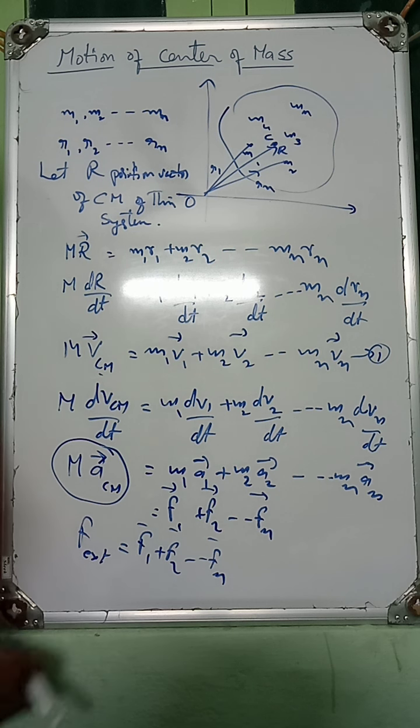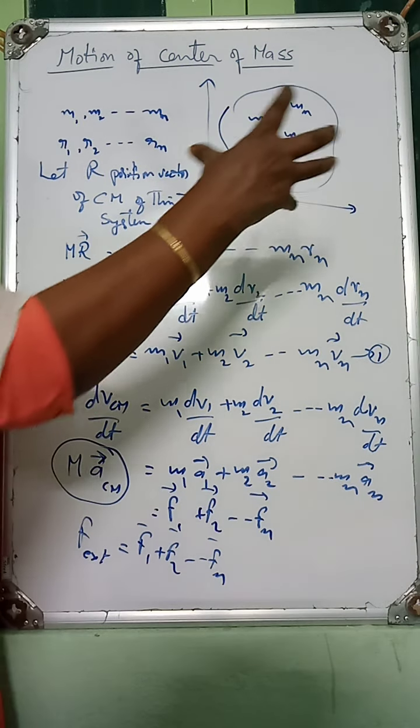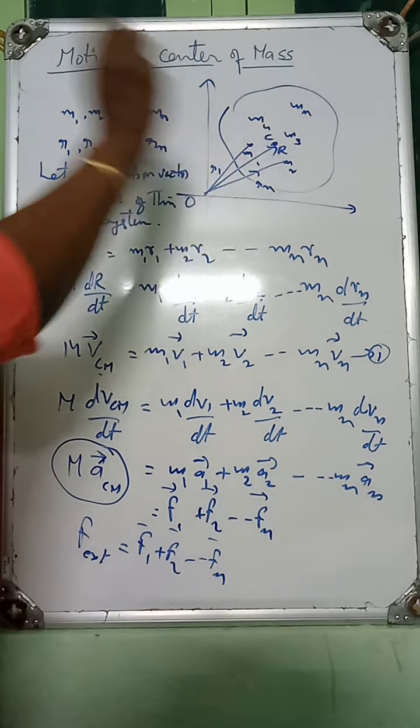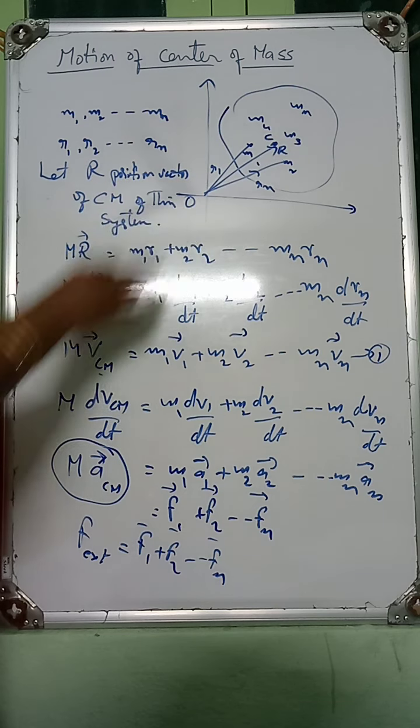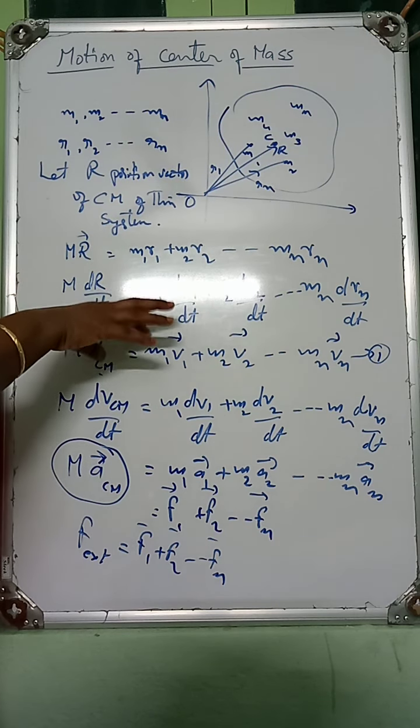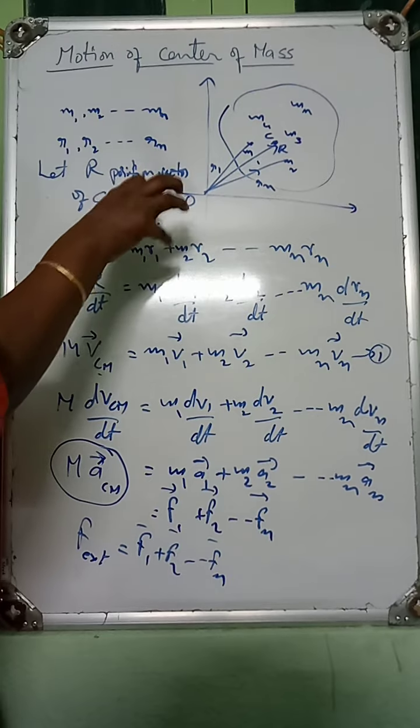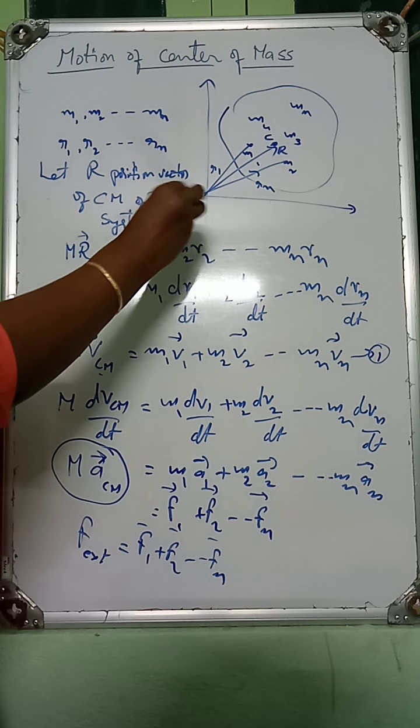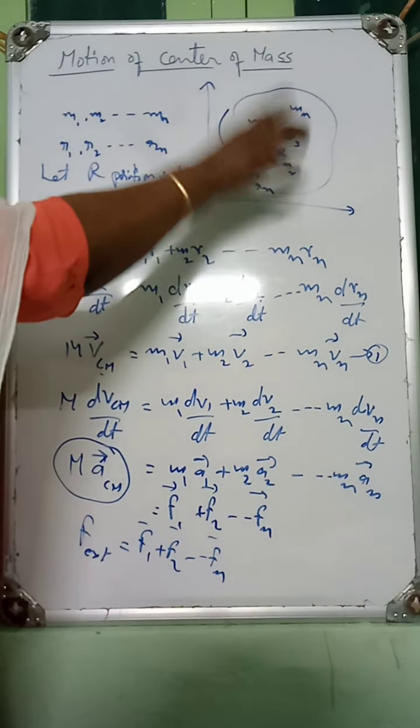For example, if you are exerting a force of 5 newtons on this object, different masses may experience different amounts of force, but the net external force is supposed to be experienced by the center of mass.